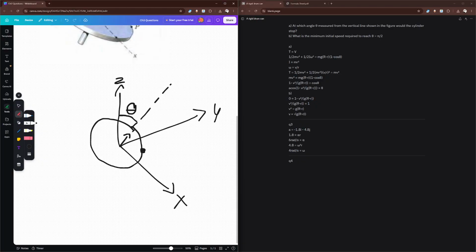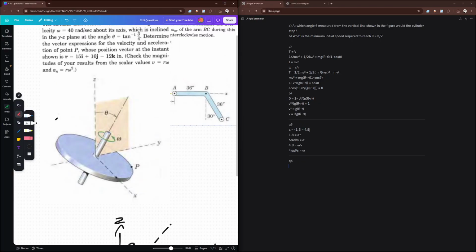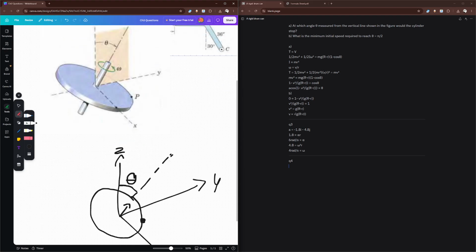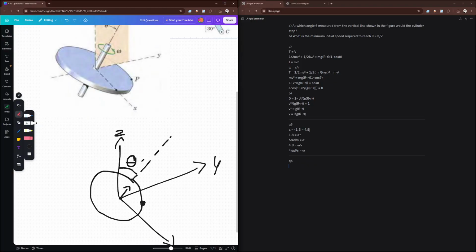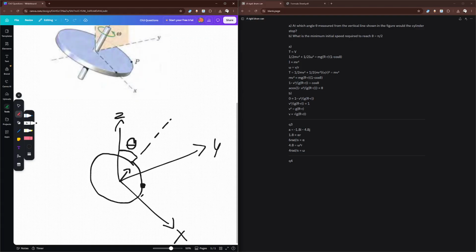This arrow represents a unit vector in the direction of the center of where our angular velocity is. Keep in mind, this is only in the YZ plane, so this is 2D. To denote our unit vector, we're going to call that u.